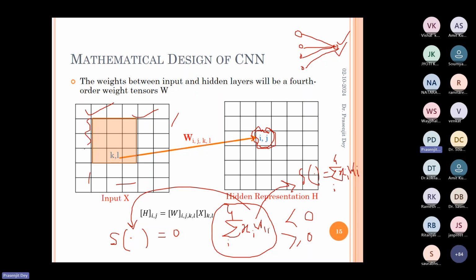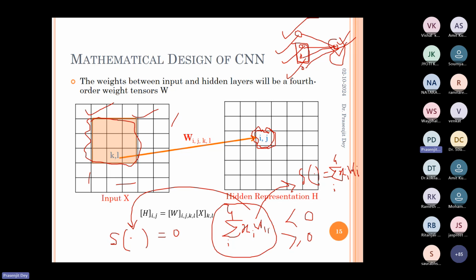Rather, I am considering only this set of pixels. Earlier I could have considered only these 2 pixels to compute this hidden node value, but I have not done it. I have considered each and every pixel. To compute these hidden node values, I have considered all the input nodes, not a set of input nodes.